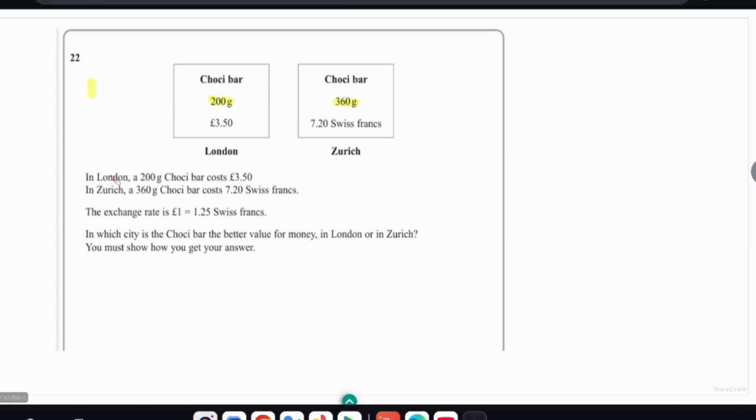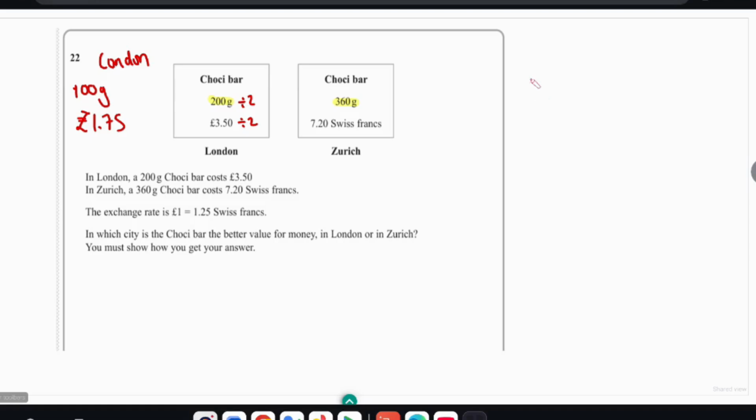So 100 grams of chocolate bar in London. We need to divide £3.50 by 2, because 200 grams divided by 2 is 100 grams. So it'll cost you £1.75.